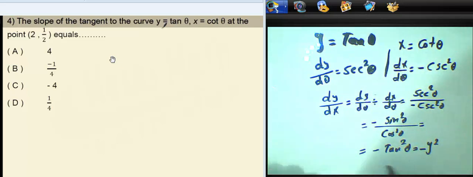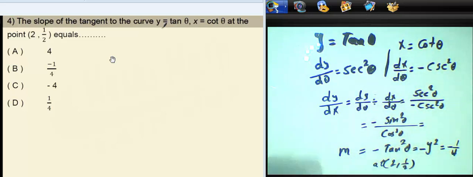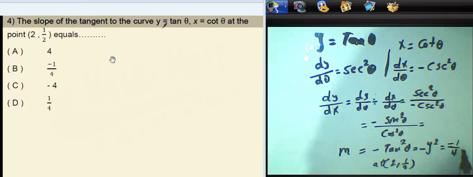And then at the point 2 and half, we can put y equals half here. Then the slope will be what? Negative 1 over 4, because y equals half, and half squared equals 1 over 4. Then the result will be negative 1 over 4, or negative a quarter. The result is option B. Choose the letter B.